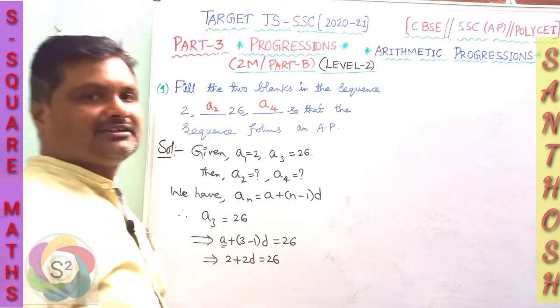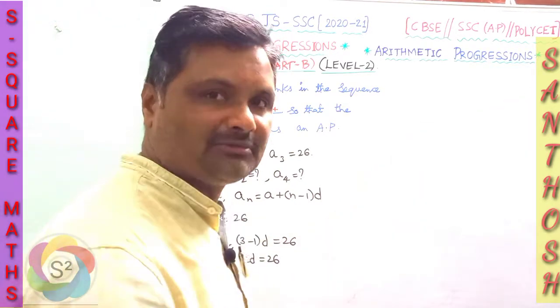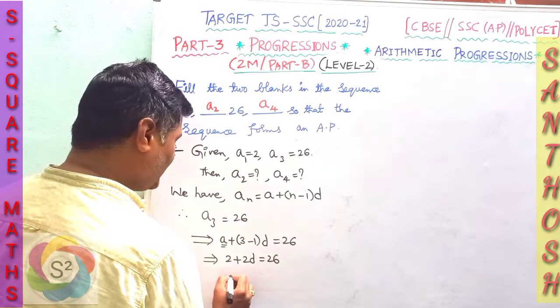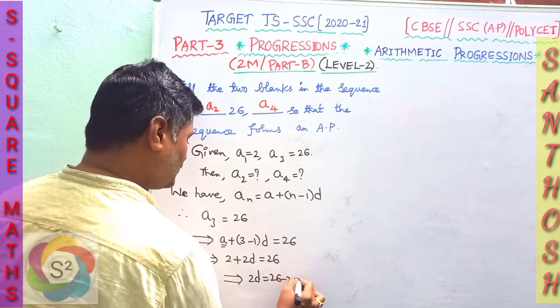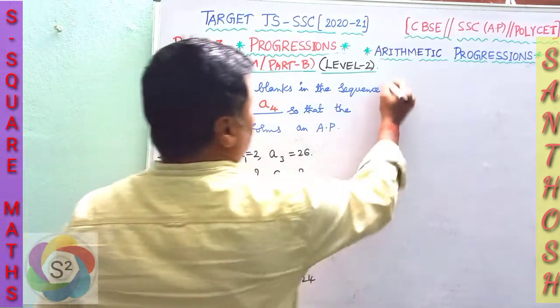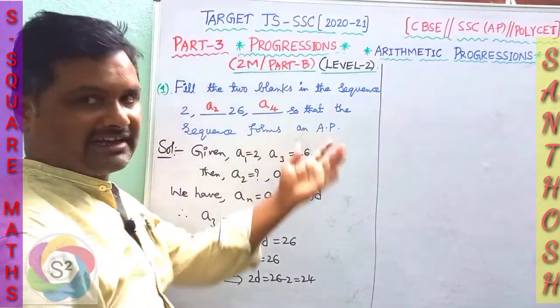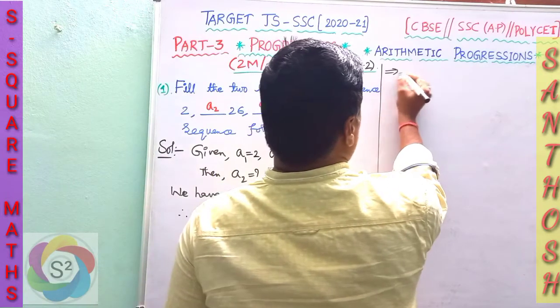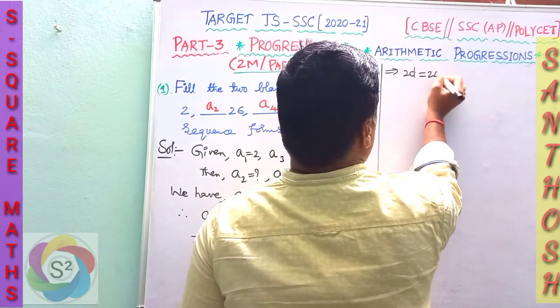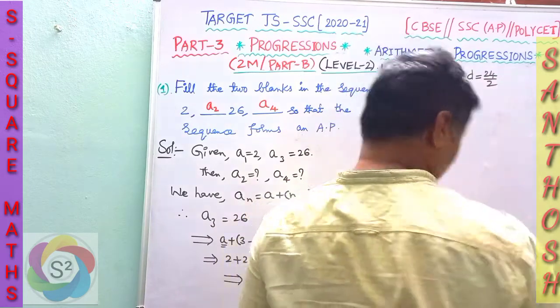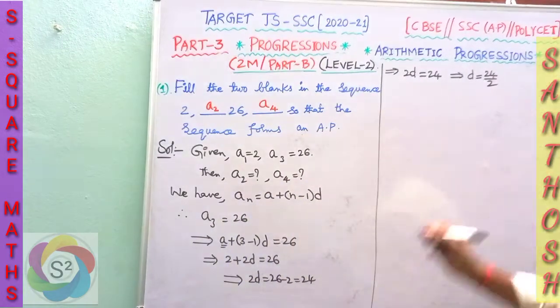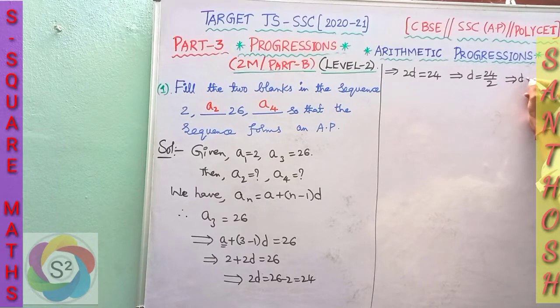Now this is a linear equation in one variable, nothing but a simple equation. So solving, 2D is equal to 26 minus 2, which gives you 24. So 2D is equal to 24 implies D is 24 by 2, which gives the value of D as 12.